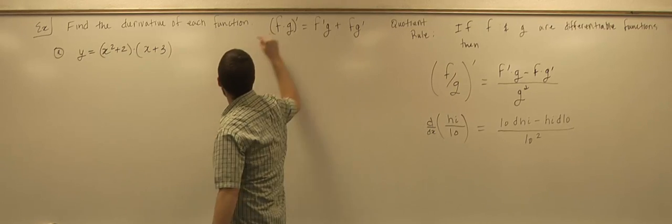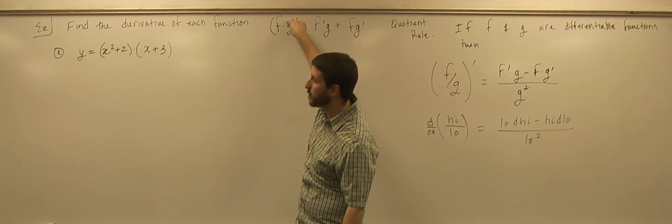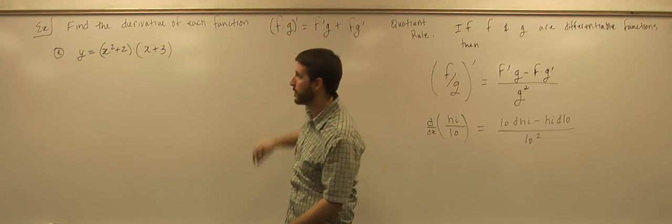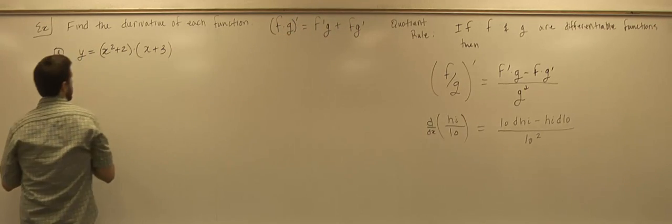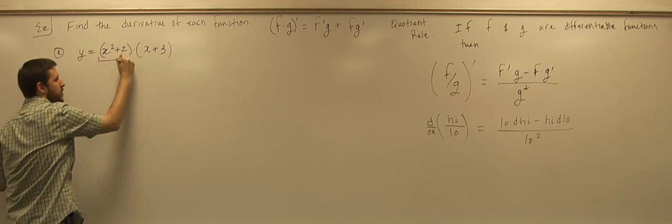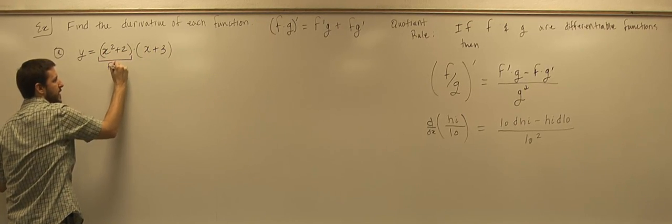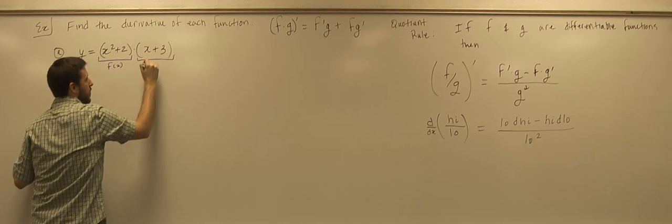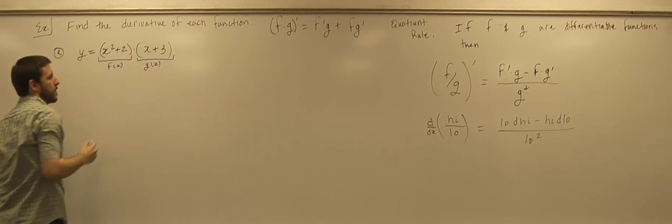So I have to label my f and g. In this case, because x squared plus 2 is being multiplied by x plus 3, this will be f of x, this will be g of x.